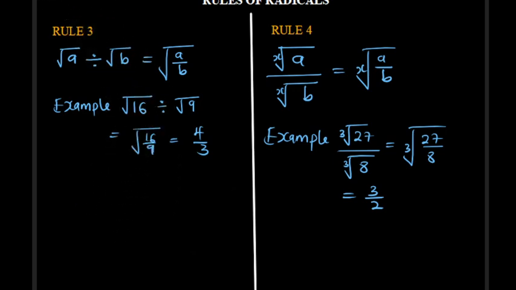Now for the next one, rule 4, we have the x-th root of a divided by the x-th root of b. This is the same thing as the x-th root of a over b. So for instance, here we have cube root of 27 divided by cube root of 8. This will give us cube root of 27 over 8.